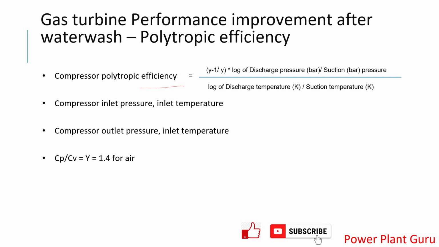Here you see the temperatures are in the denominator. So if you reduce the temperature, you reduce the denominator part, and your efficiency will go higher. That is why it is theoretically proven that if you want to increase the efficiency, you have to reduce the temperature.